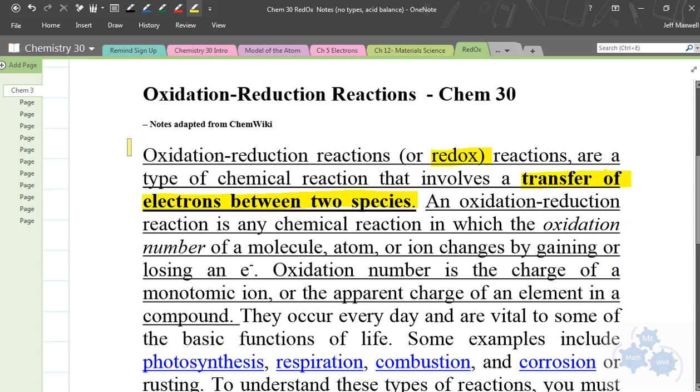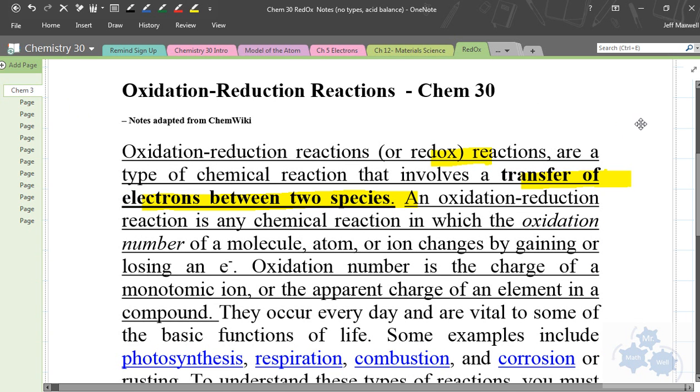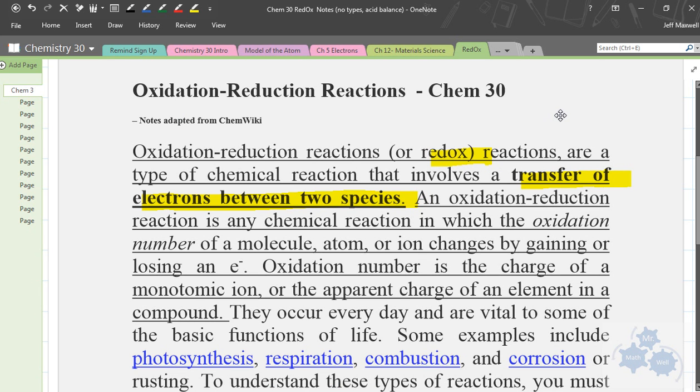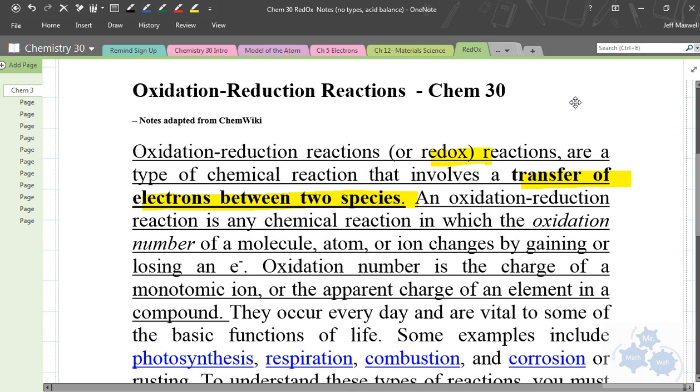The reason I say species and not two atoms or two ions is that we are talking about either atoms or ions. When I say species, I just mean a certain substance. It could be an atom, an ion, a diatomic molecule, whatever.